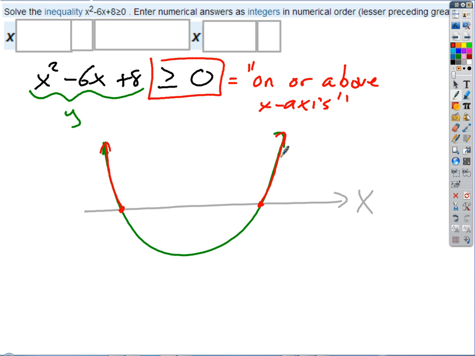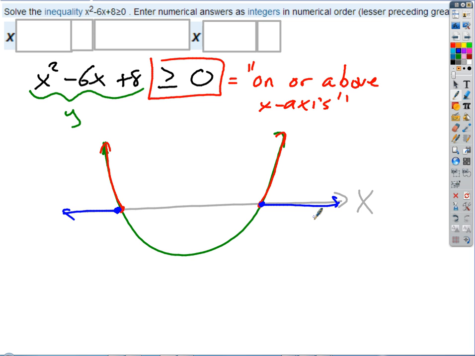And so we're looking for x values though, right? If I squash this down in the xy plane onto the x-axis, what x values are we talking about? Well, we're talking about the x values that are outside of or including the x-intercepts. The oars on a boat in this case.